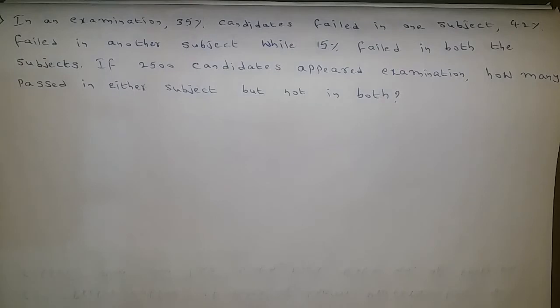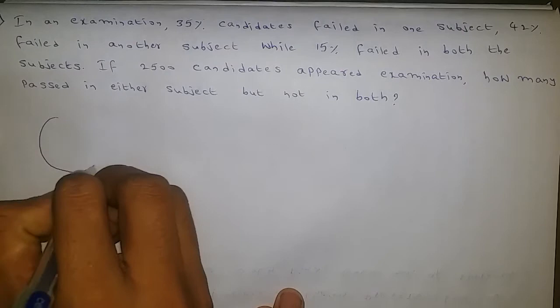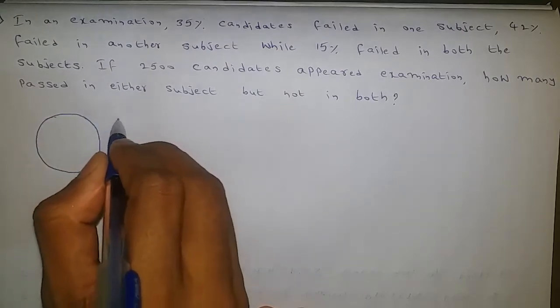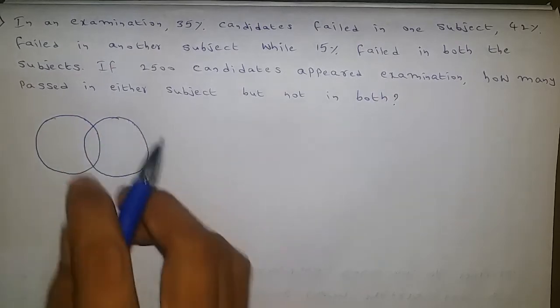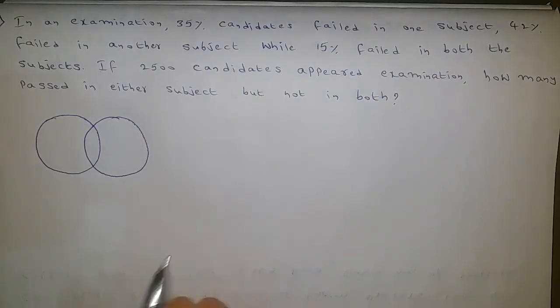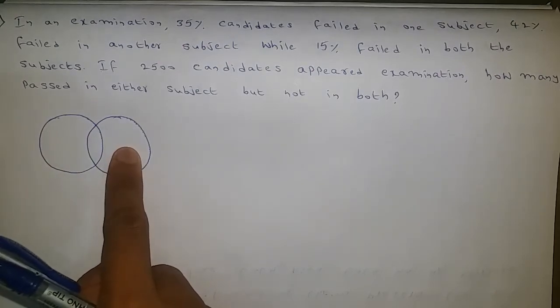So now I'm going to explain this question based on Venn diagrams. Draw two circles which are touching each other. One circle is for one subject and the second circle is for the second subject.